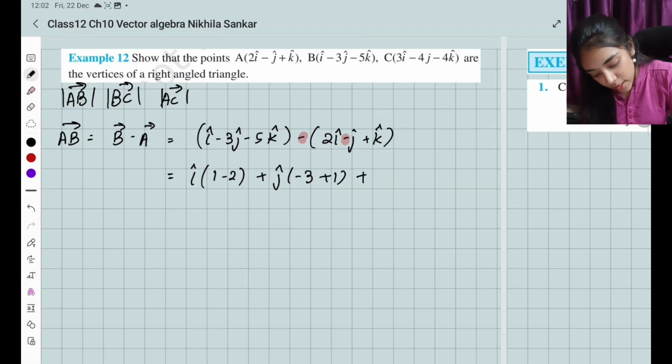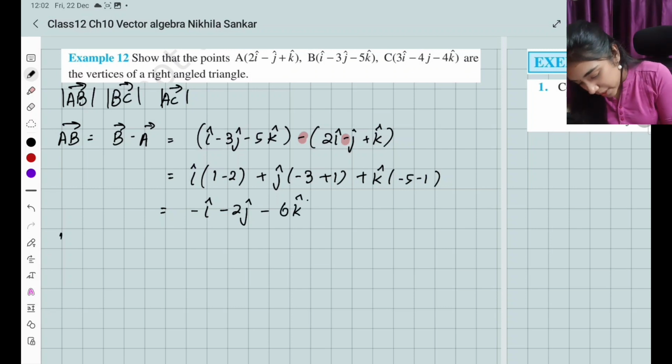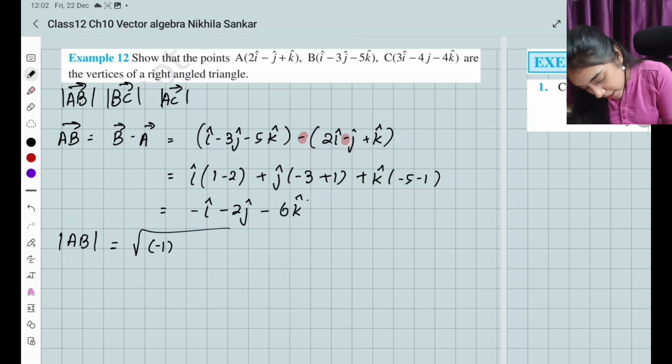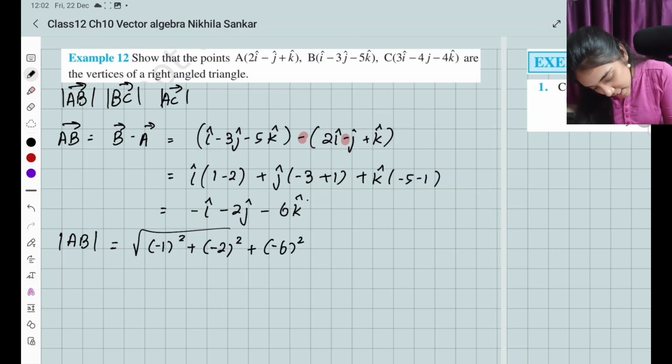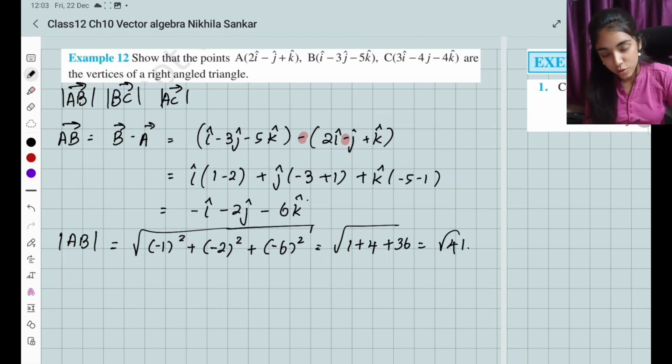Minus 3 plus 1, plus k cap, minus 5 minus 1. So this is going to be minus i cap minus 2j cap minus 6k cap. Now I will find the magnitude like this. So the magnitude of AB is the square root of minus 1 square plus minus 2 square plus minus 6 the whole square. So this is going to be the square root of 1 plus 4 plus 36, square root of 41. So this is the magnitude of AB.